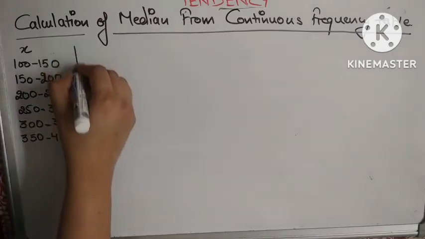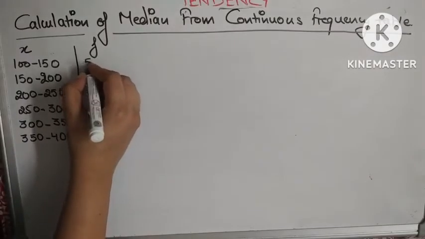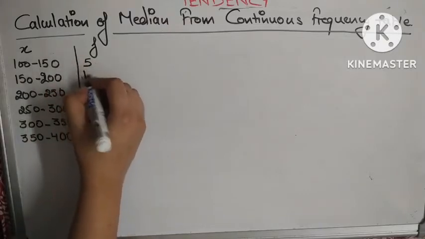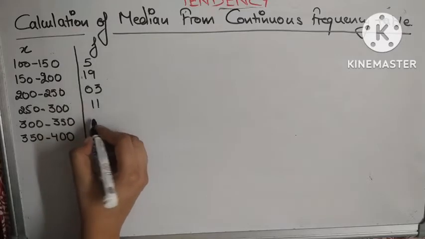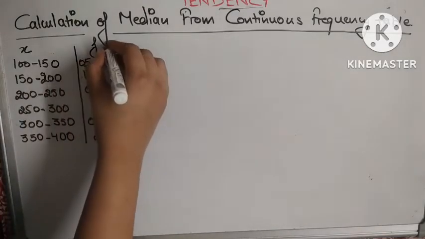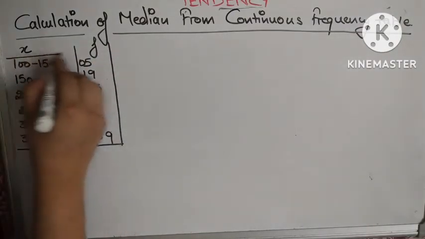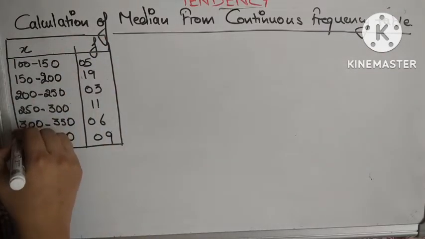This is the class interval which is given to you, and we have the frequencies as 5, then 25, then 19, then 3, then 11, 6 and 9. This is the frequency which is given to you.